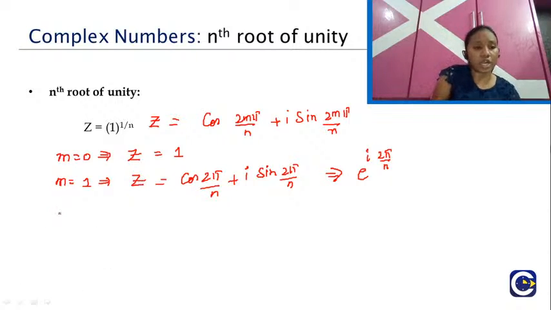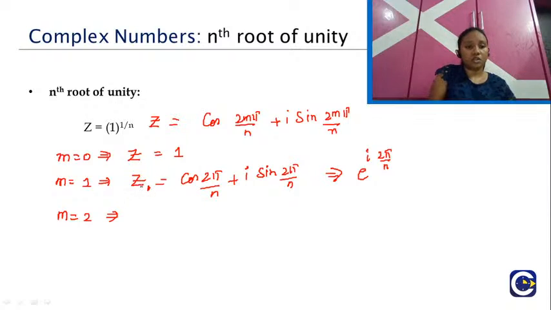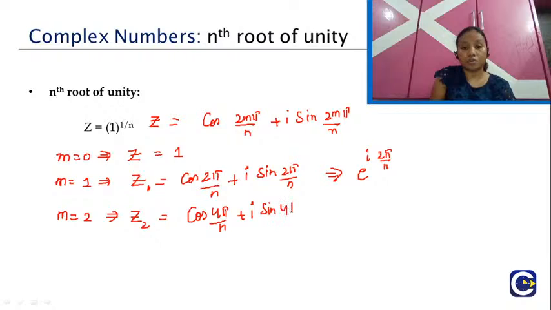Similarly, let's see what happens if my m value is equal to 2. So let me take at m value equal to 1 my z1 and at m value equal to 2 I'll be having z2. So in place of m, I am going to substitute 2. So this will become cos 4 pi by n plus i sine 4 pi by n. Right.